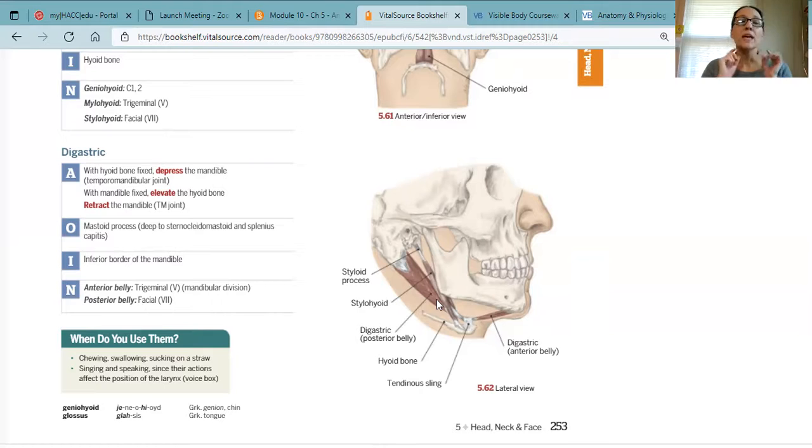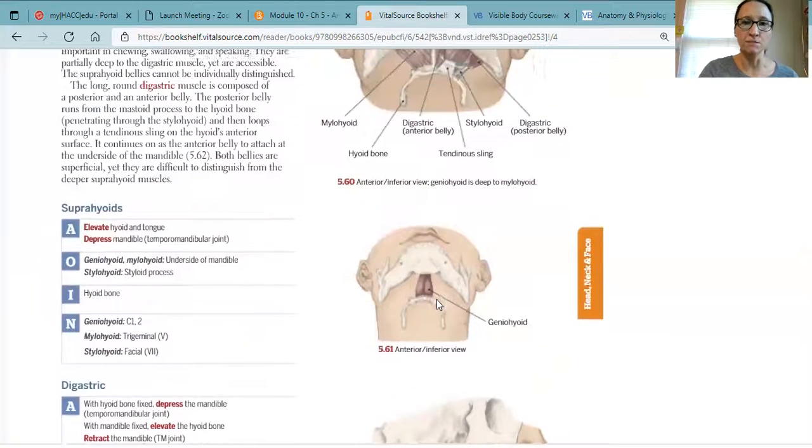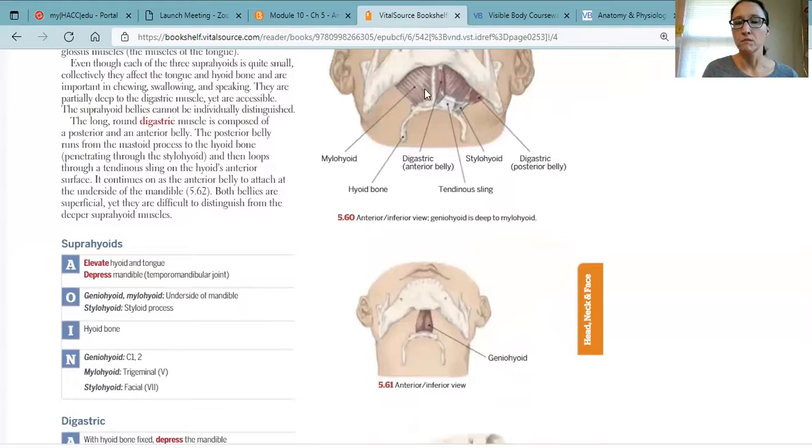Now, you can feel them, you can palpate them, because they're actually quite superficial, deep to the mandible here. Anytime you move your tongue around, you can feel the suprahyoids engaging. Okay, specifically geniohyoid and mylohyoid here. Mylohyoid's a little easier to feel up under here.